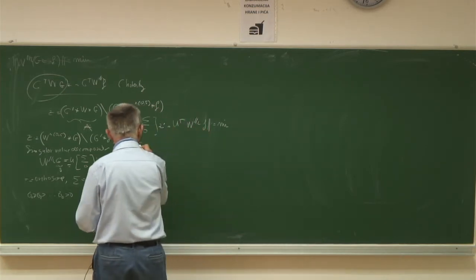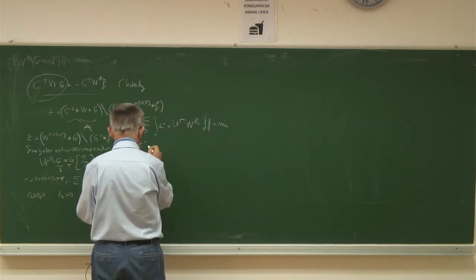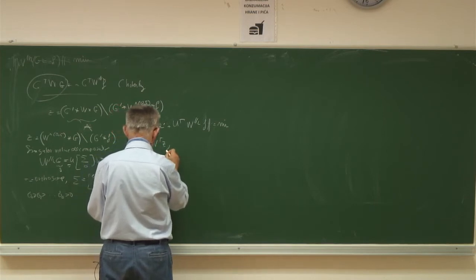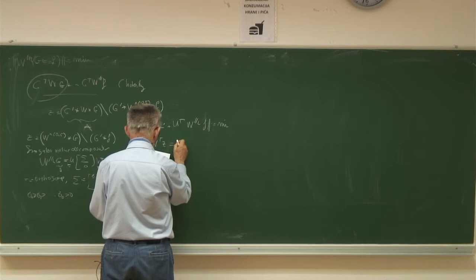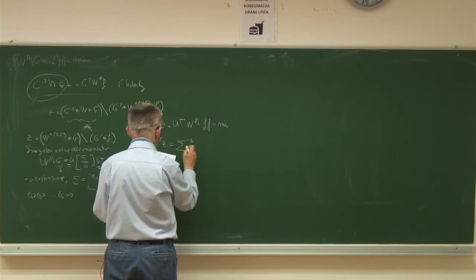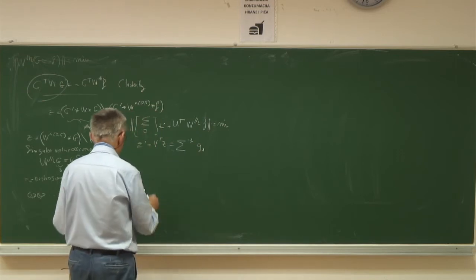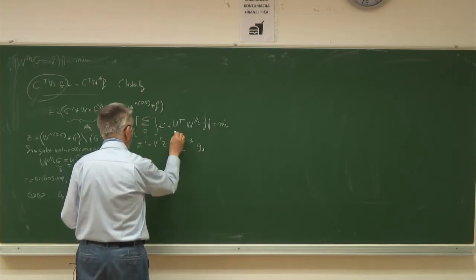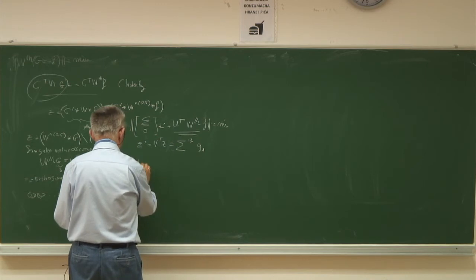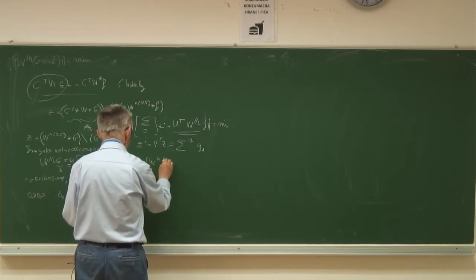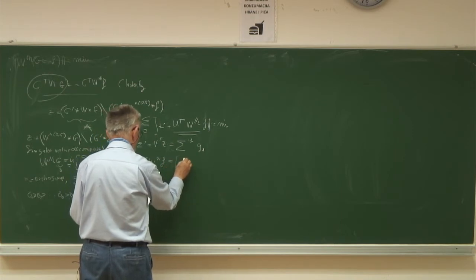Well, z prime is equal to V^T z, and this is equal to sigma minus 1 g1. Well, U^T W^(1/2) f is equal to g1 g2.